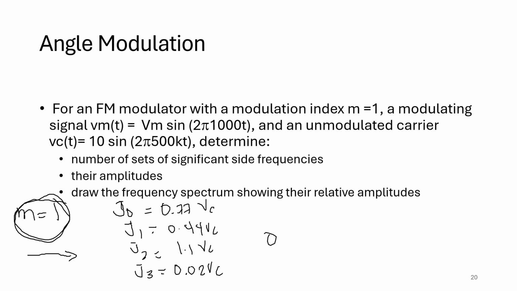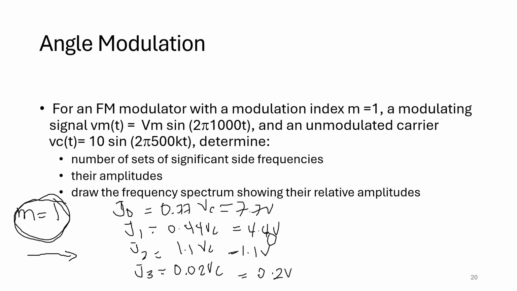However, they are already negligible because their amplitude is very small, less than 1% of our carrier. If we solve for this, it gives us 7.7 volts, 4.4 volts, 1.1 volts, and 0.2 volts.